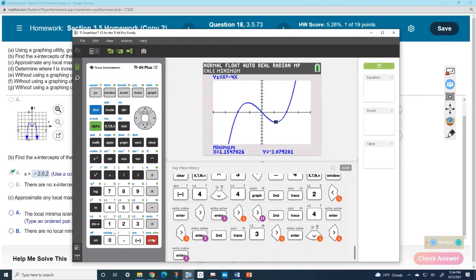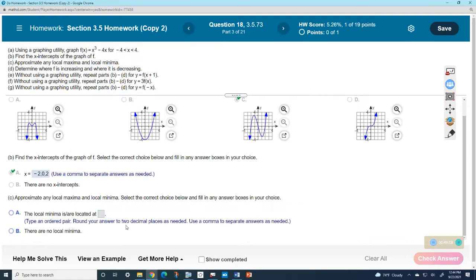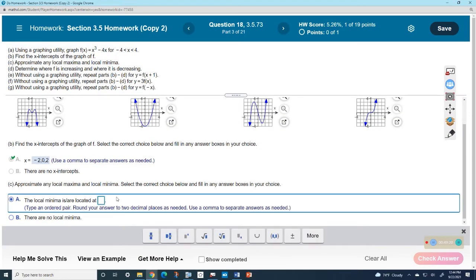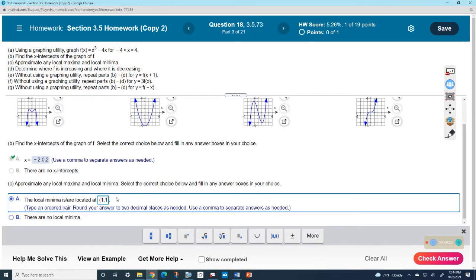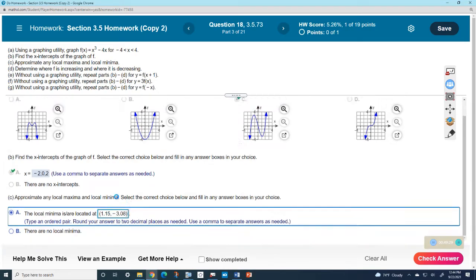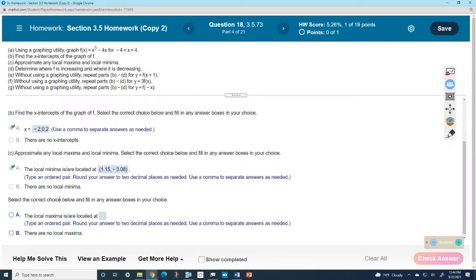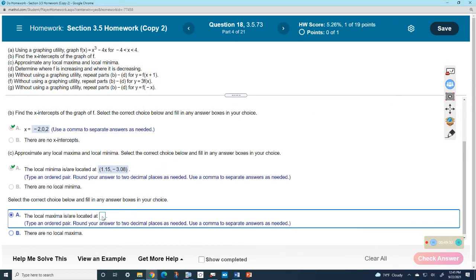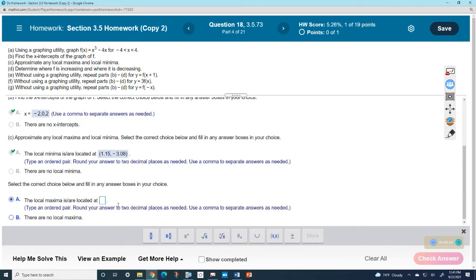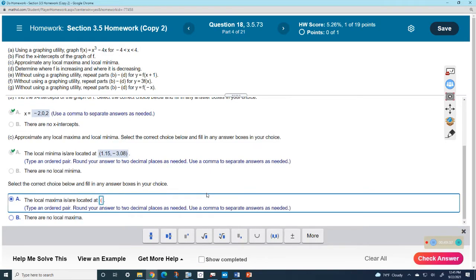Hit enter again. 1.15, negative 3.08. And the maximum was at negative 1.15, positive 3.08.